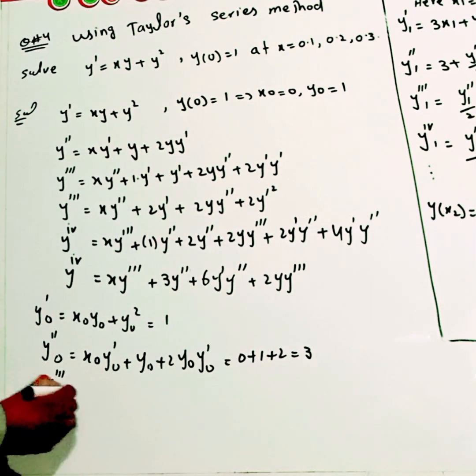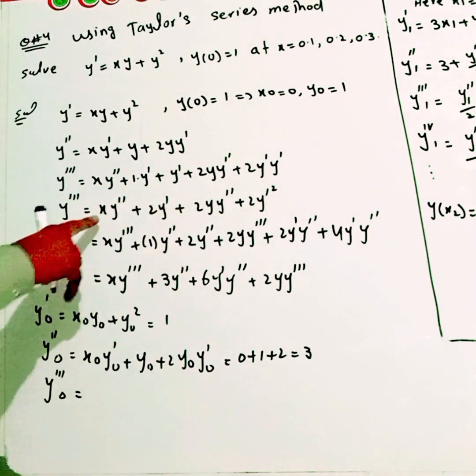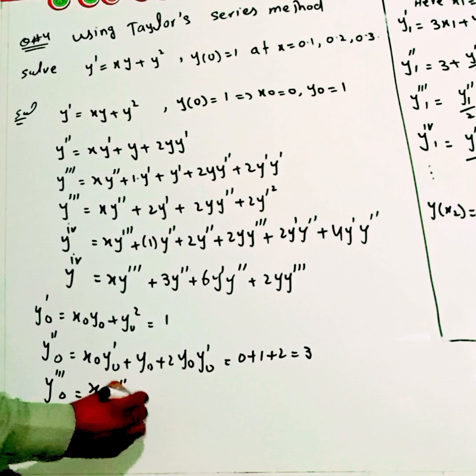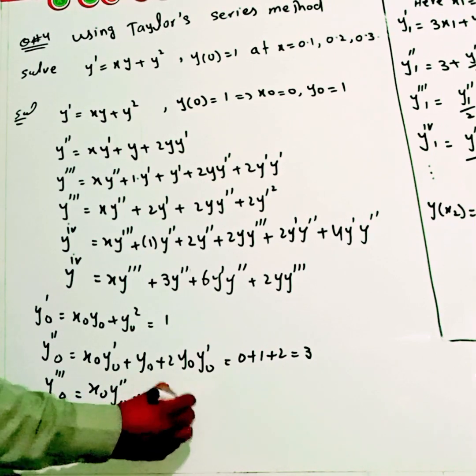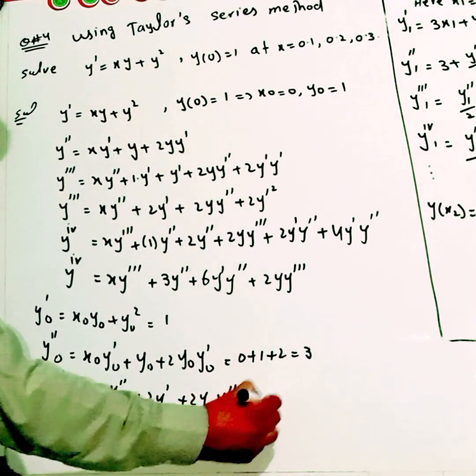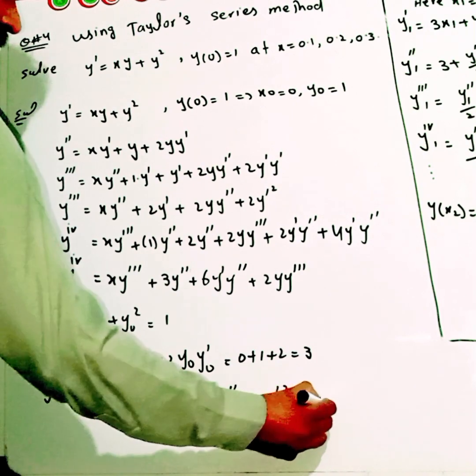Y triple prime naught is equal to x naught y double prime naught plus 2y prime naught plus 2y naught y double prime naught plus 2y prime naught square. After putting these values, the values of y prime naught and y double prime naught, we obtain y triple prime naught is equal to 10.